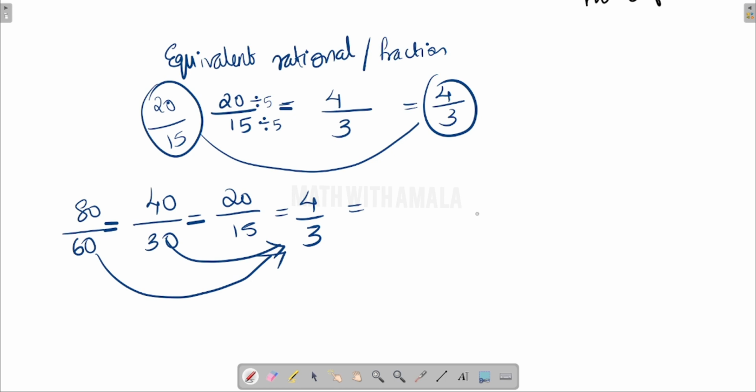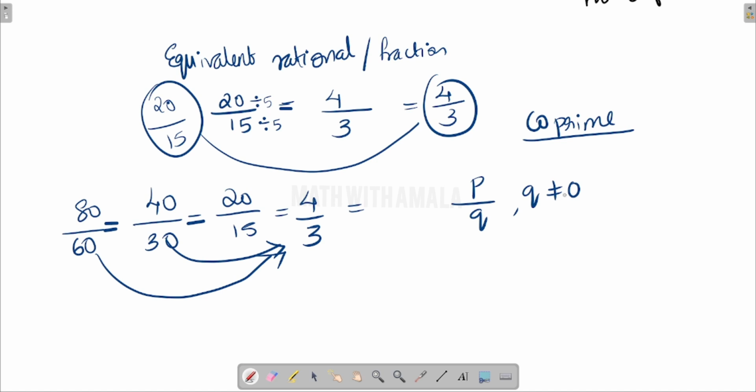Next is coprime. What do you mean by the term coprime? Let us take a rational number p by q where q is not equal to 0. p can be 0 but q is not equal to 0.